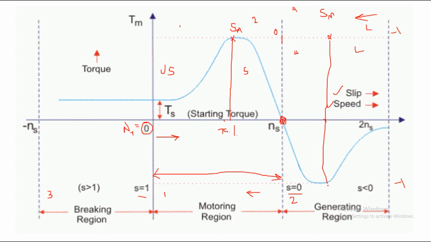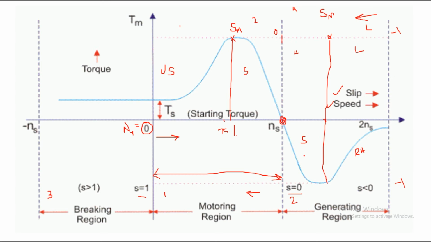From 0 to SM we are having a stable, that is straight line behavior, and from SM to minus 1 we are having rectangular hyperbolic behavior. For stable region the behavior should follow a straight line, and for unstable region the behavior should have a rectangular hyperbolic function.